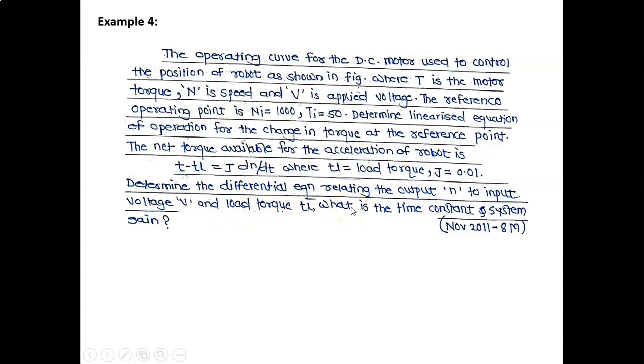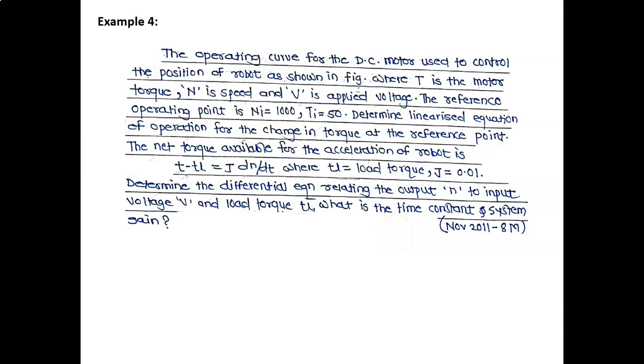What is the time constant and system gain? Therefore they have told us to determine the differential equation relating the output N to input voltage V and load torque TL, and they have also told us to calculate the time constant tau and system gain K. This is the problem.